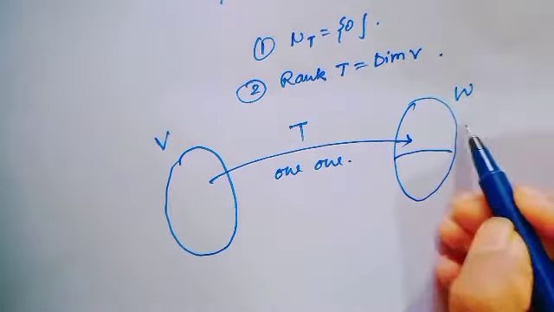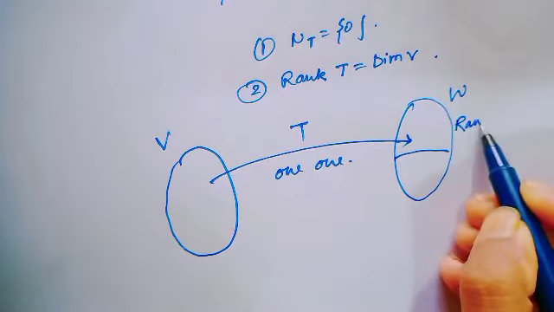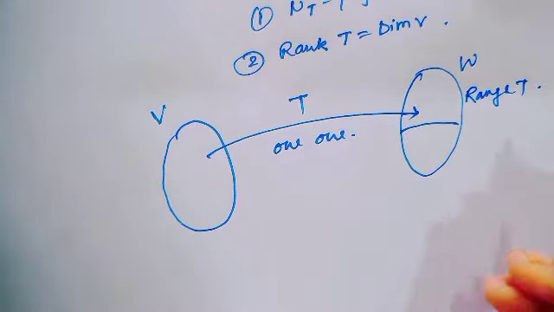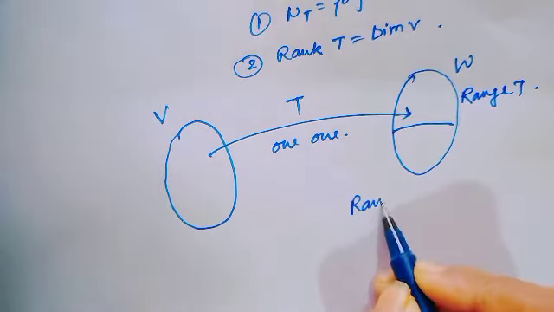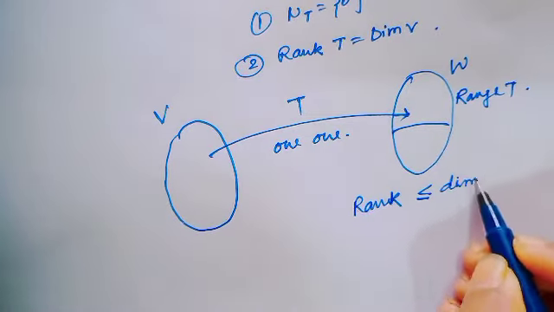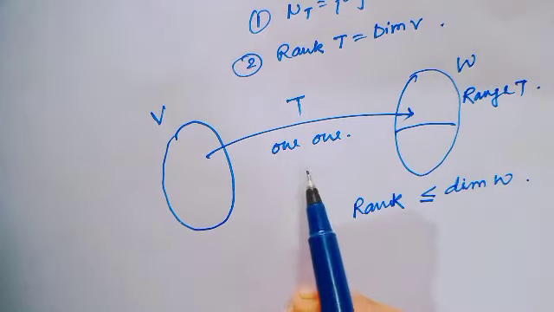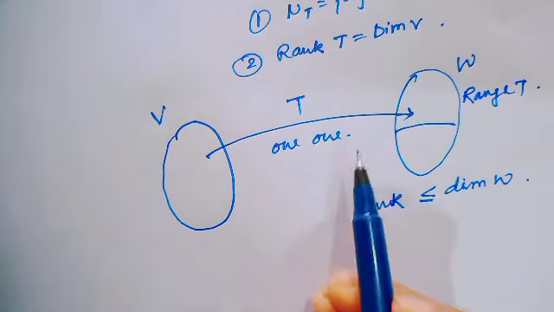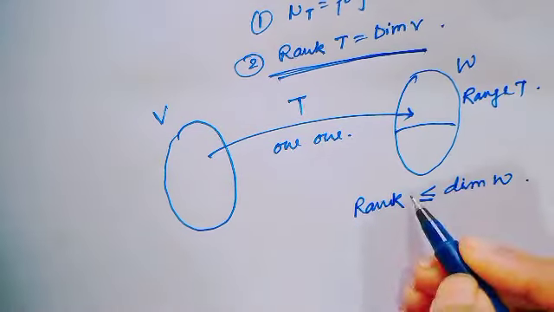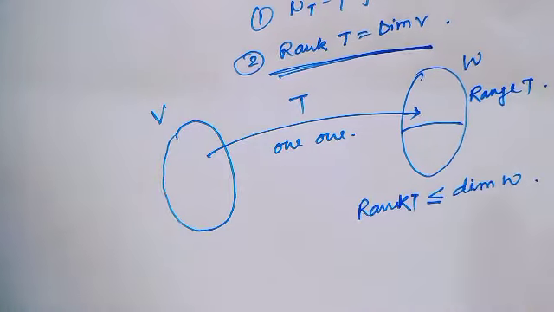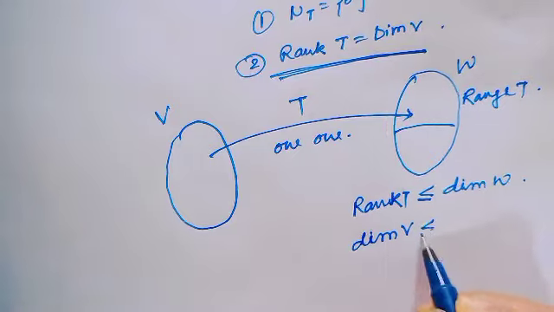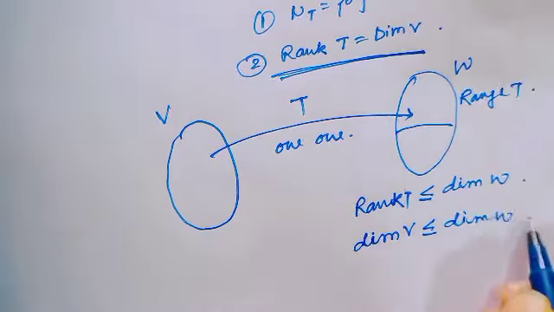And consider this is the range T. Obviously, the dimension of range T is rank T. Obviously, rank T is less than or equal to the dimension of W. And since here I have considered the mapping is 1-1, that means rank T equals the dimension of V. Okay. That means for 1-1, always the dimension of V is less than or equal to the dimension of W.